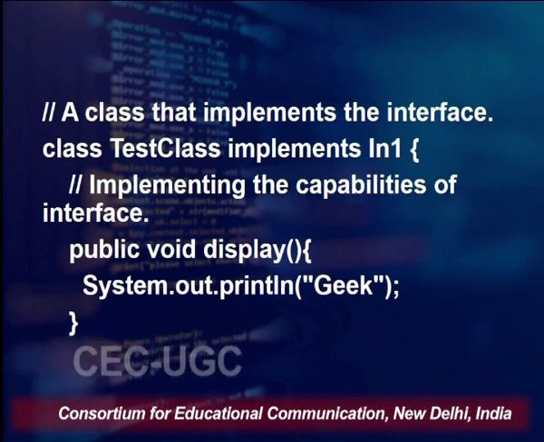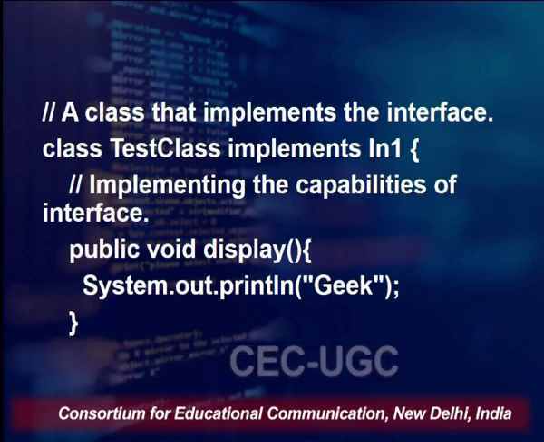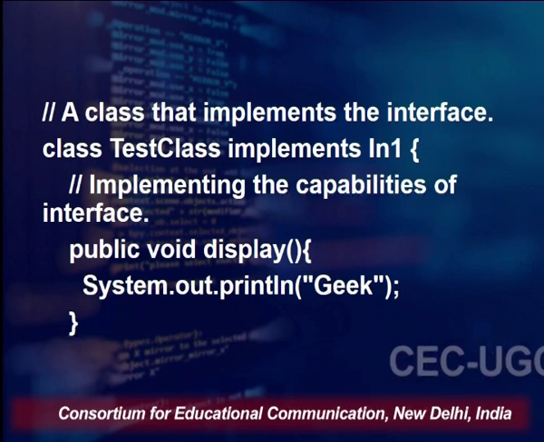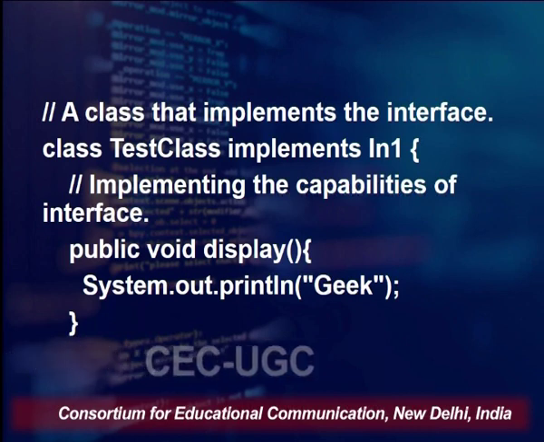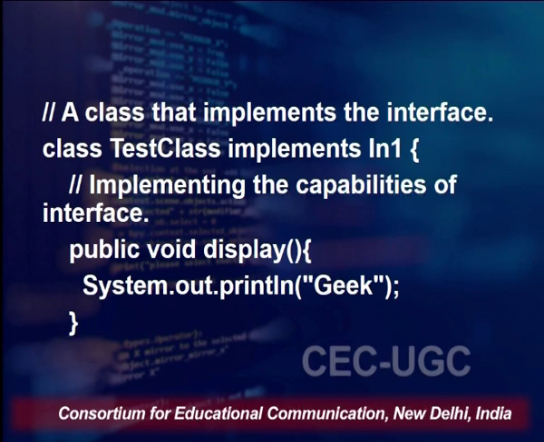There is a class named test class that implements in1, and as this class implements in1, implements here is a keyword which is being used for implementing the interface by any class.